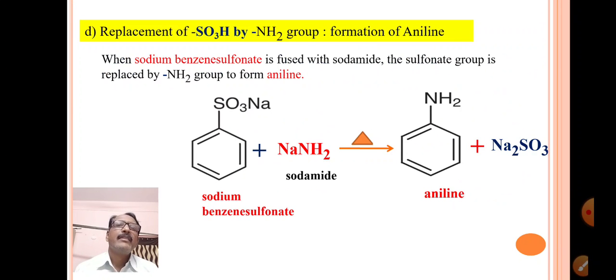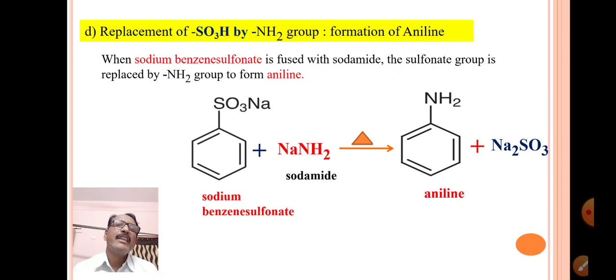Aniline. The SO3H group is replaced by NH2 group and there is formation of aniline. That means whenever benzene sulfonic acid reacts with sodamide, there is formation of aniline.